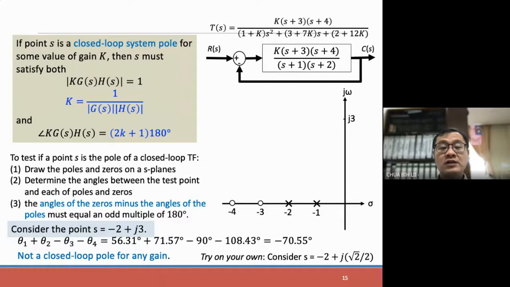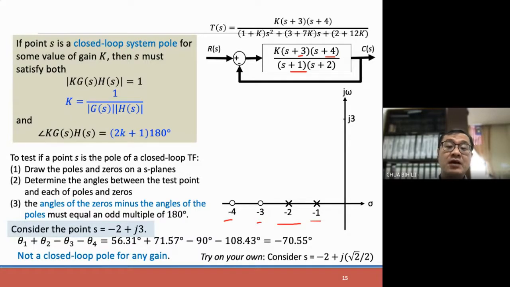For the zeros and the poles, we just draw them like this: this is -3, this is -4, then this is -1, this is the pole, this is the 0.